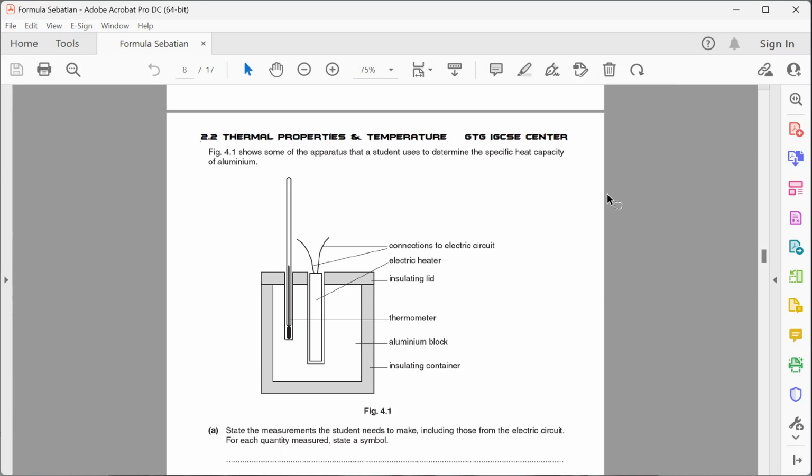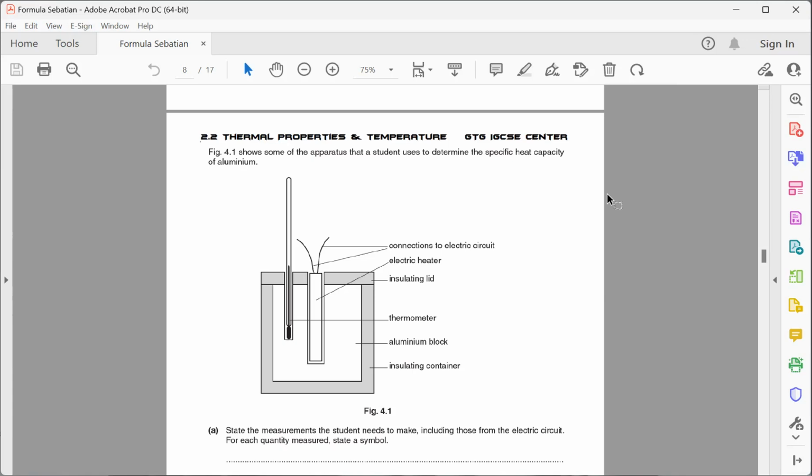Need more kinetic energy. So they gain more kinetic energy and then break the force of attraction and change state, is that what they want? I don't know.